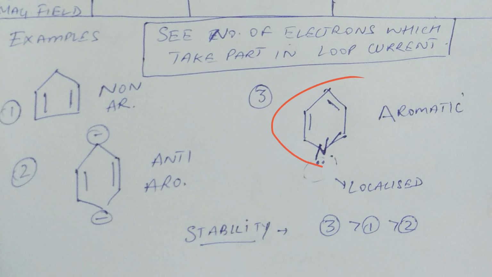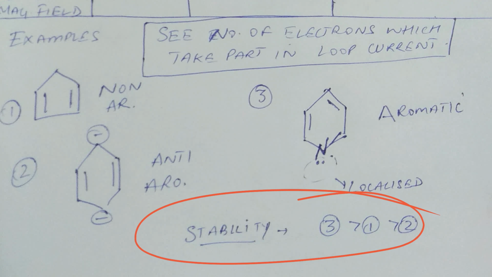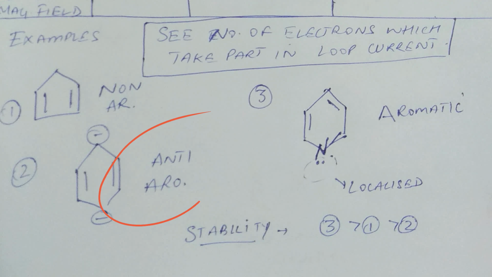So there are 6 electrons which are jumping around, and this fits into the category of aromatic compounds according to the rule 4n plus 2 pi. If we want to discuss stability, we know that aromatic compounds are most stable, anti-aromatic compounds are least stable, and non-aromatic compounds lie between those.